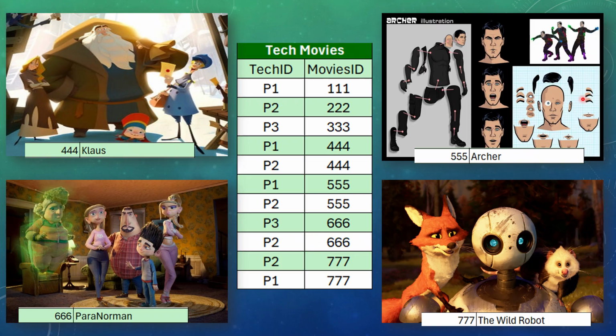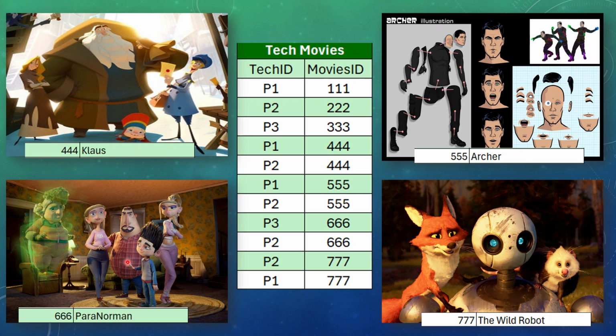With Archer, this is a 2D show, but using a 3D process like the rig, so you don't have to physically draw every movement. You can just move bits and pieces into position.